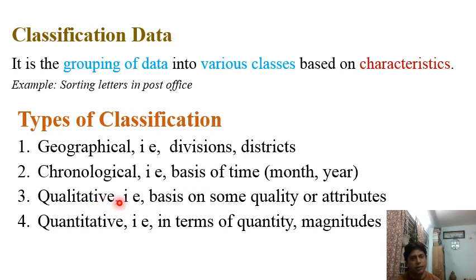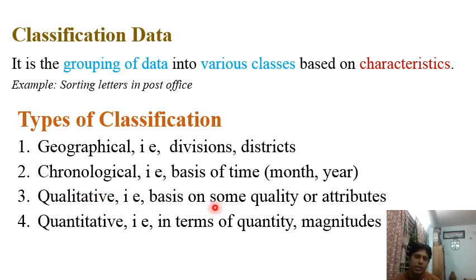Third is qualitative classification. Qualitative classification means some attributes, their existence or presence, or their degree of presence. Suppose girls, boys, blind, male, female.